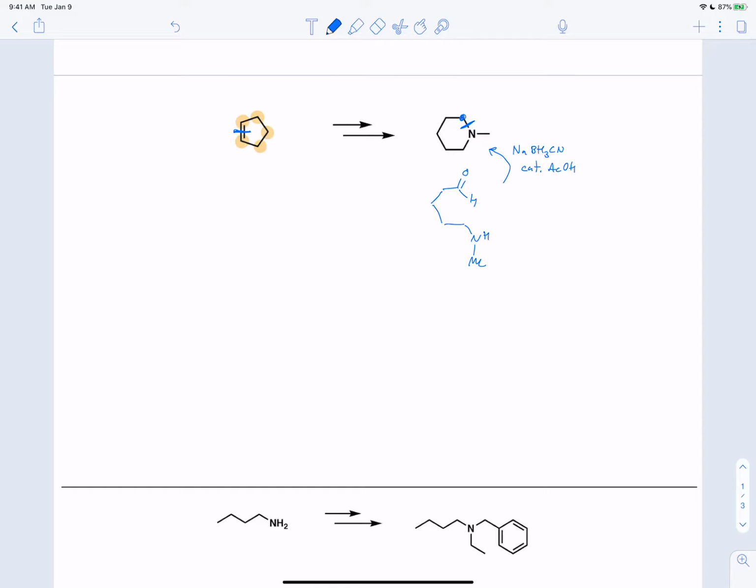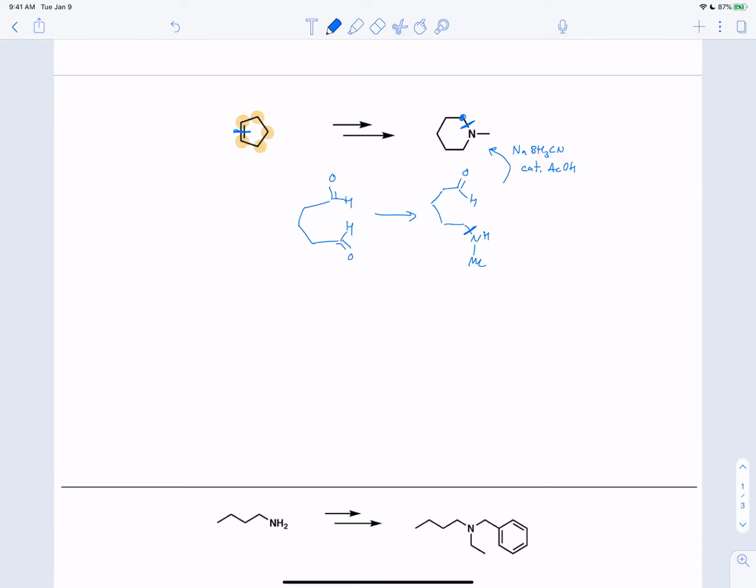But the other thing we can take advantage of is that this bond could also be made through reductive amination. So we could actually go back another step and look what happens when we break this bond. This ends up being an aldehyde. This also is now turned into the carbonyl, which is an aldehyde.